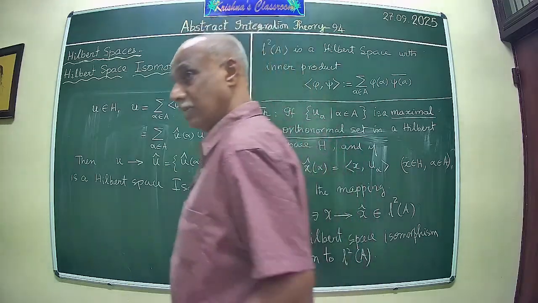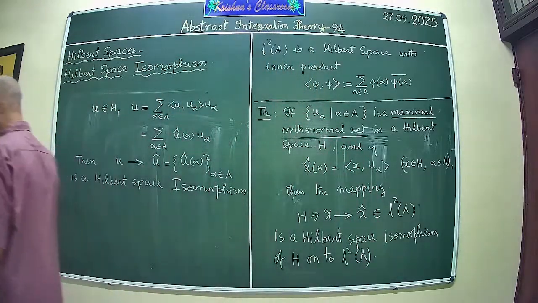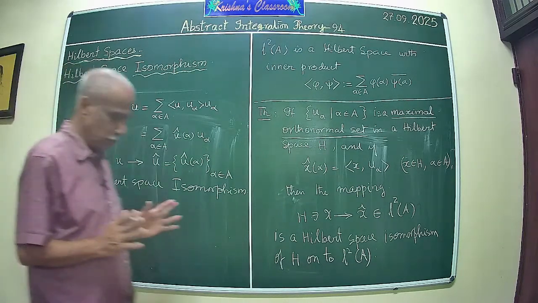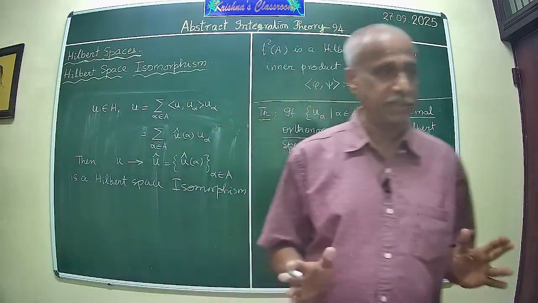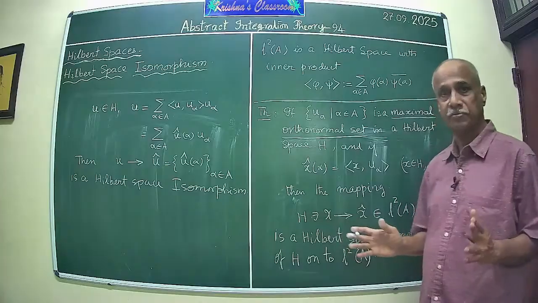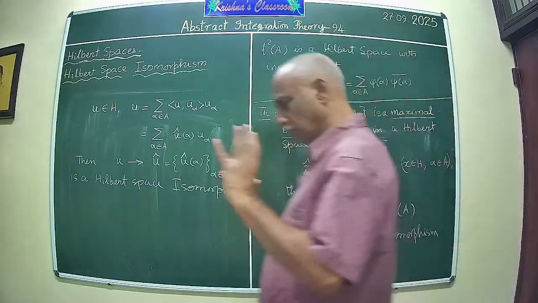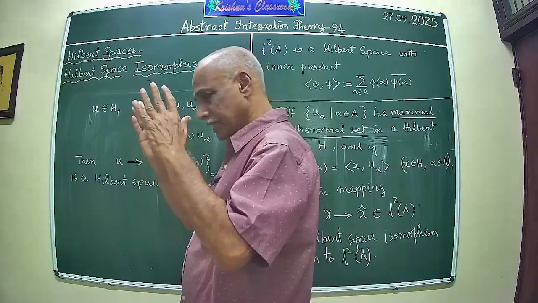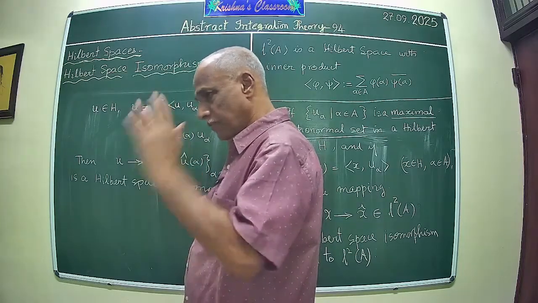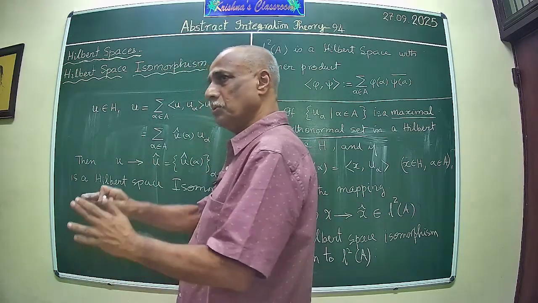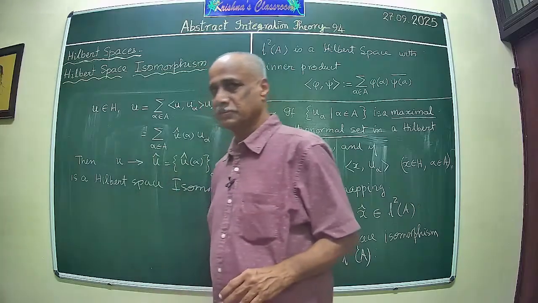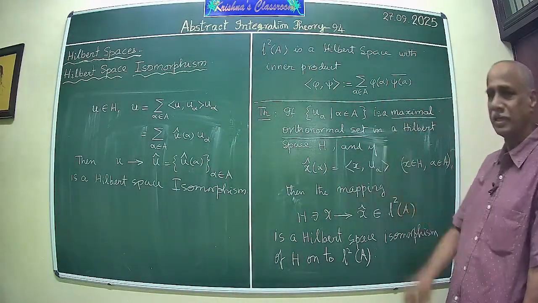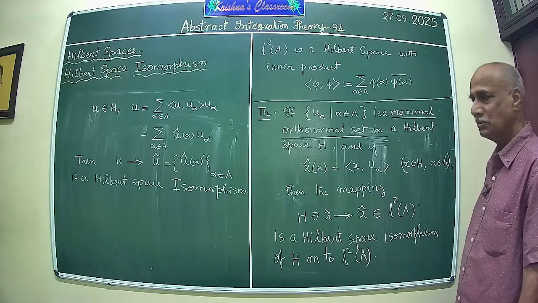So the point is this. As we have in finite dimensional vector spaces, suppose you have an n-dimensional vector space over a field F, then you have a natural isomorphism of the vector space to a copy of Fn. It is the analogous theorem that you have here, right?